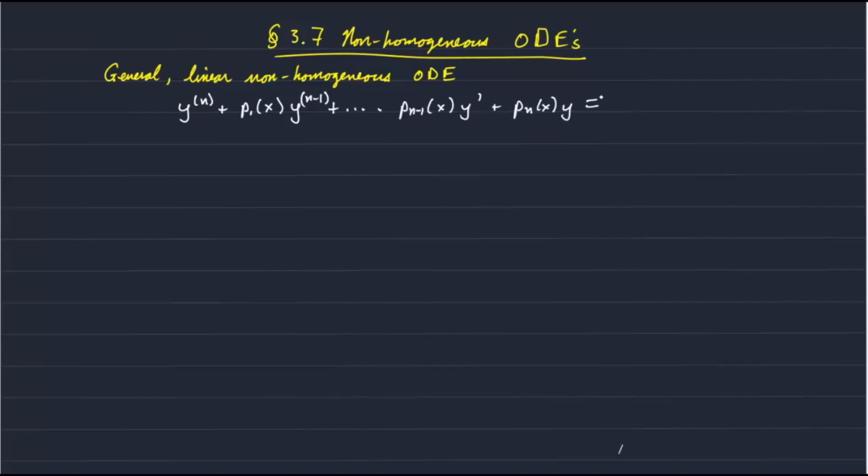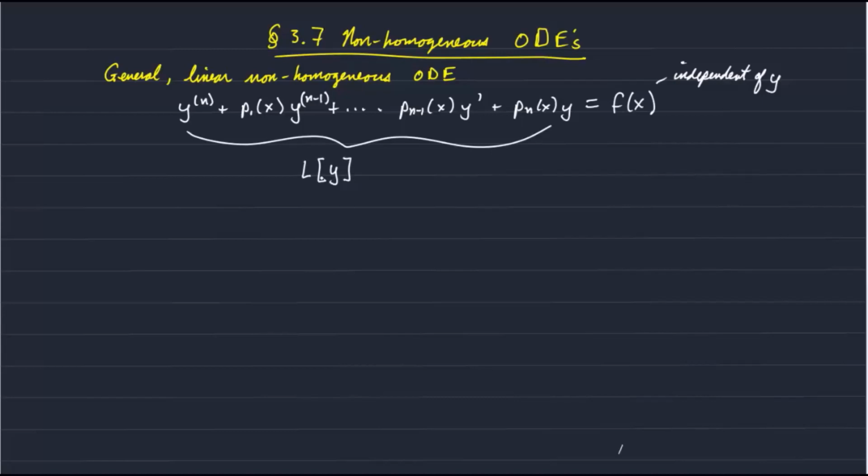And for a non-homogeneous case, the right-hand side, which is where we put all the parts of the equation that are independent of y, is non-zero, so that makes it non-homogeneous. And just so you remember, we also describe this general equation with the linear differential operator, capital L, operating on y.